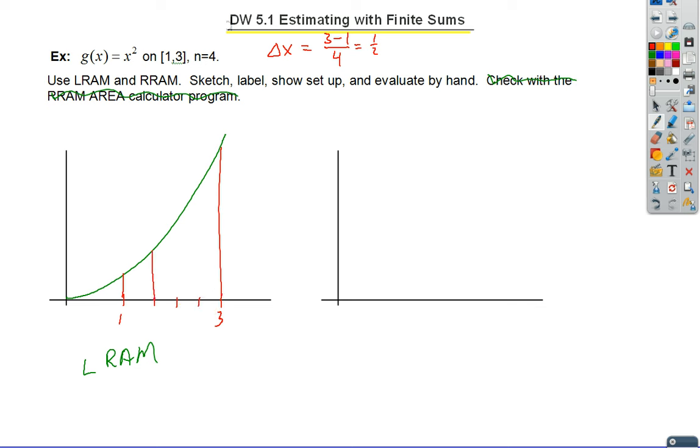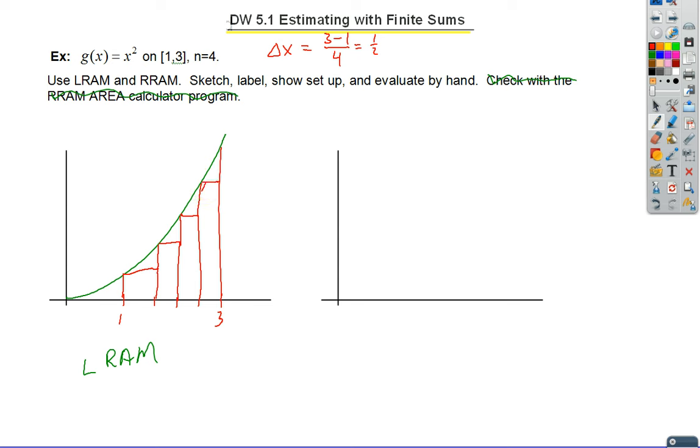Alright, so then I go between 1 and 1.5. Which one's on my left? Okay, the 1. So that's where I draw over and under. And then I have my 1.5 over there, then at 2 over there, over.